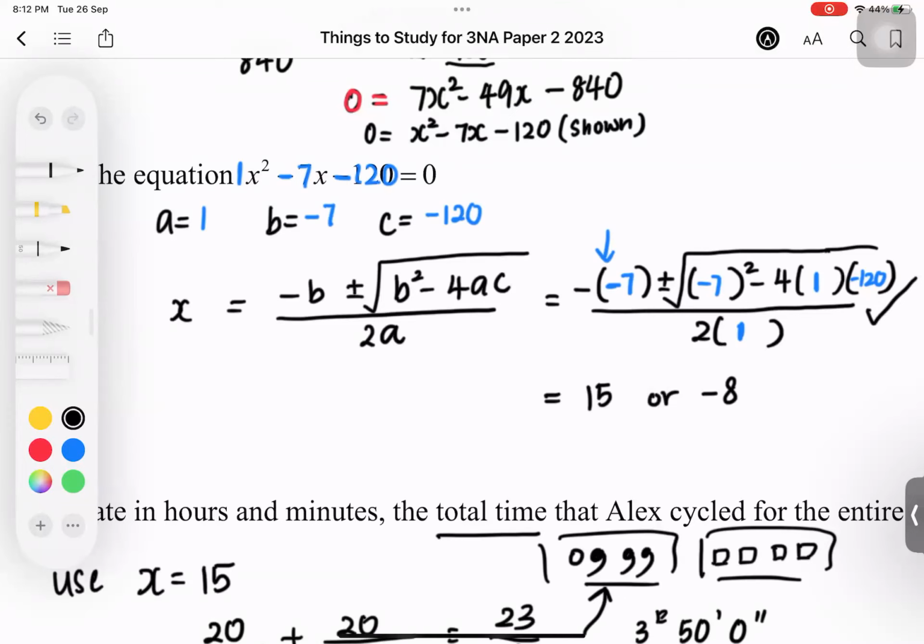When they say leave your answer in 2DP or 3SF, it means the answer is not exact. That means you need to use the formula. But even if the question never says that, as long as the question never says solve using factorization, if you use the formula all along, it will still be correct. It doesn't matter. Okay, yeah, good question.